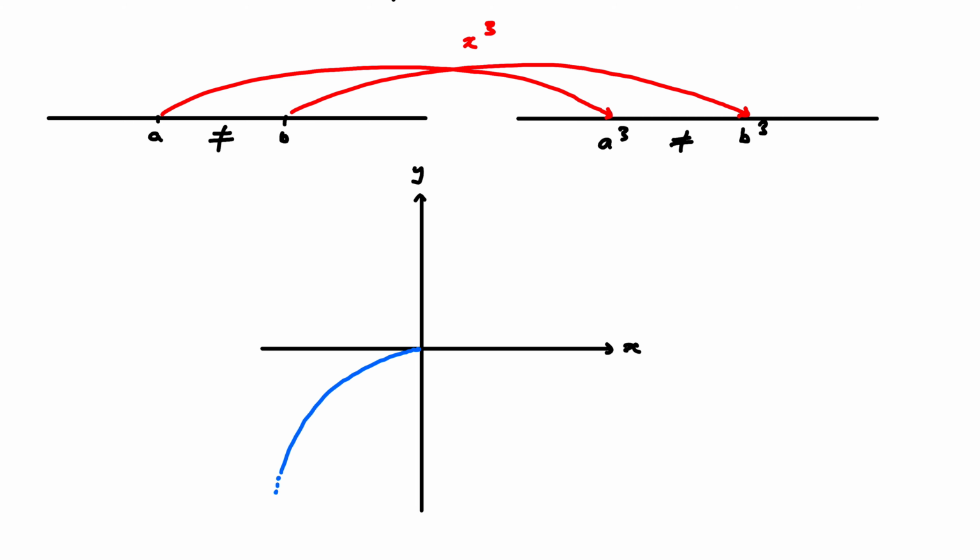So let me be fancy and try to do this without drawing it myself, because it's always a mess. So that, roughly speaking, is the graph for y is equal x cubed.